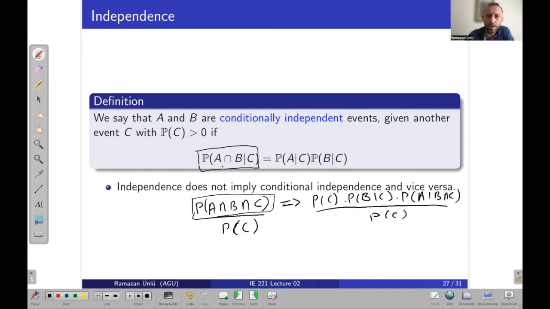So first we rewrite this part by using the definition, and then we rewrite this part by using the multiplication rule. So do it yourself, just test me, okay?